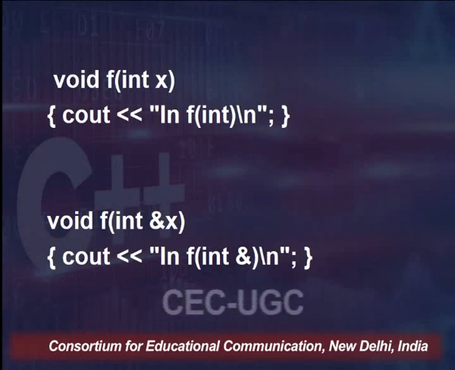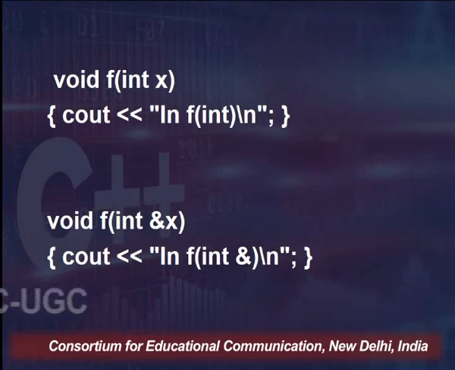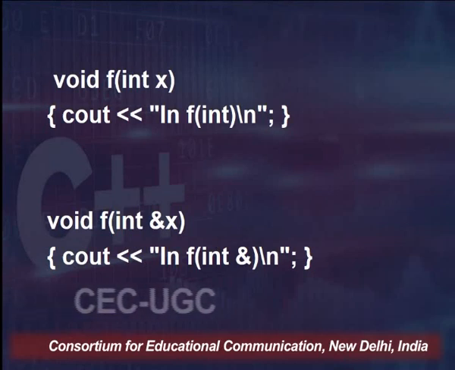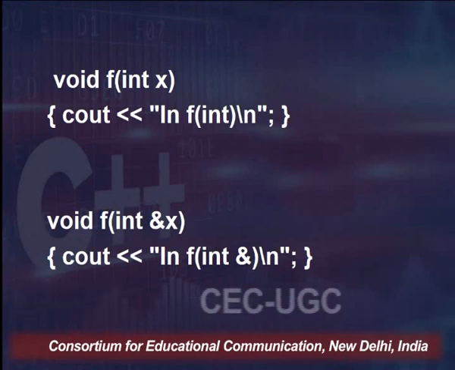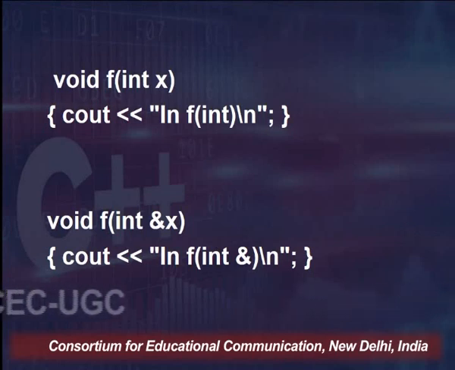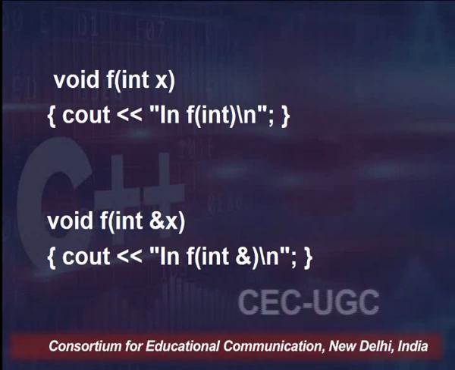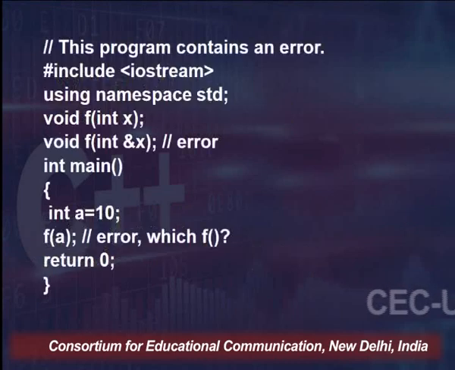One is printing the value as in call by value, another is printing the value as in call by reference. Both are printing the value, but how are these being called inside the main function? Let's see whether this compiles or generates an error, that also we need to figure out.